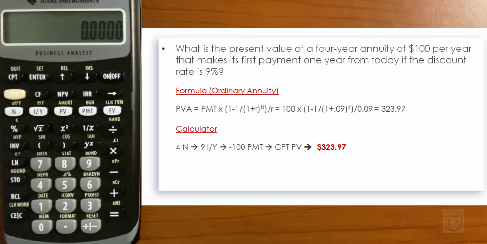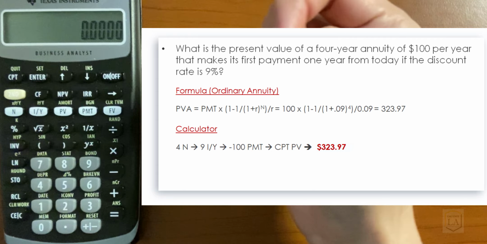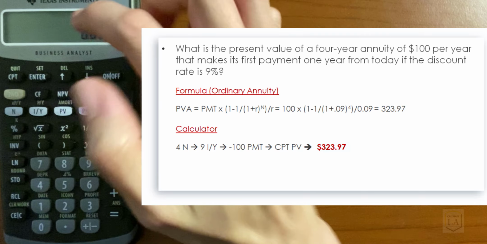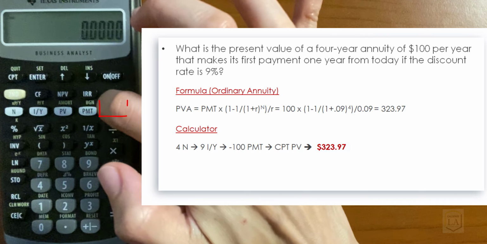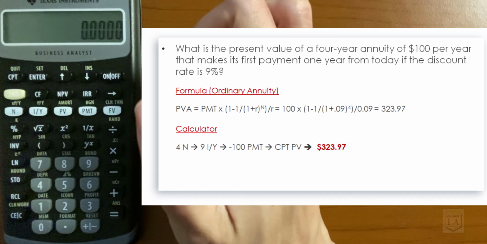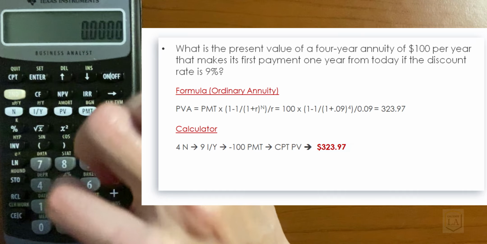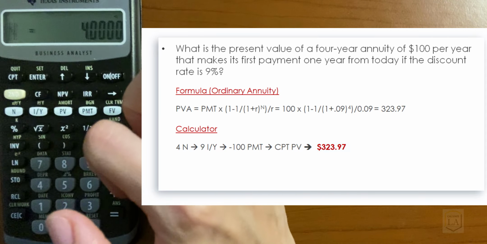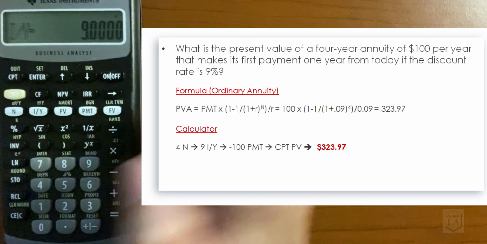We would like to figure out the present value of this annuity. Before we start, whenever you start over, you will have to clear the earlier work, and clear time value of money. Number of periods was 4 years. Interest rate was 9.